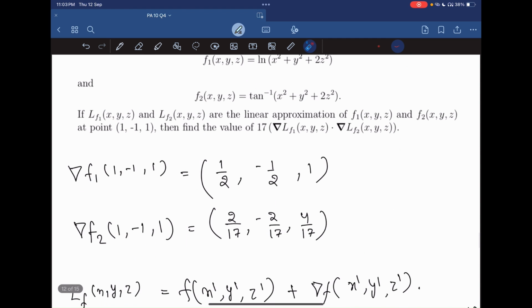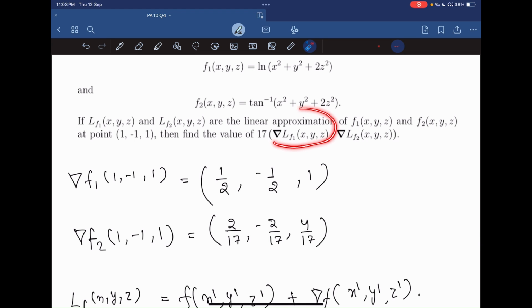So instead of first finding the linear approximation and then its gradient, we will use the result we just got and take the gradient of the function at the point 1 comma minus 1 comma 1, because we are finding the linear approximation at this point for both functions. We will just take the dot product of these two, multiply whatever result we get with 17, and we will get the same answer.